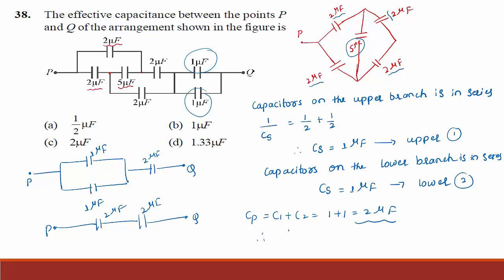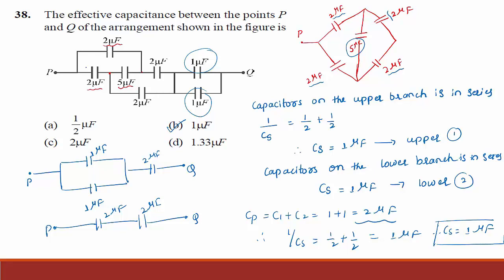Therefore 1 by CS equals 1 by 2 plus 1 by 2, that gives 1 microfarad. Finally the capacitance in series combination is 1 microfarad. So 1 microfarad means option B is right.